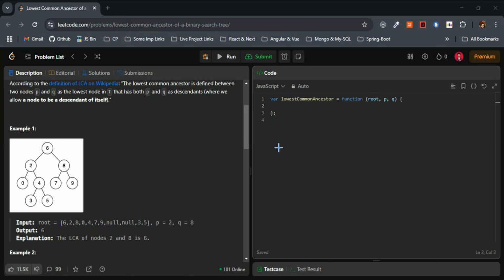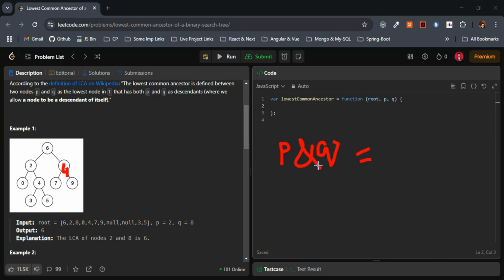The first condition we need to remember here is, if P and Q both are less than the root, then the LCA is in the left subtree. Suppose P and Q both are less than the root. In this example it cannot happen, but let's consider this one here, 4.